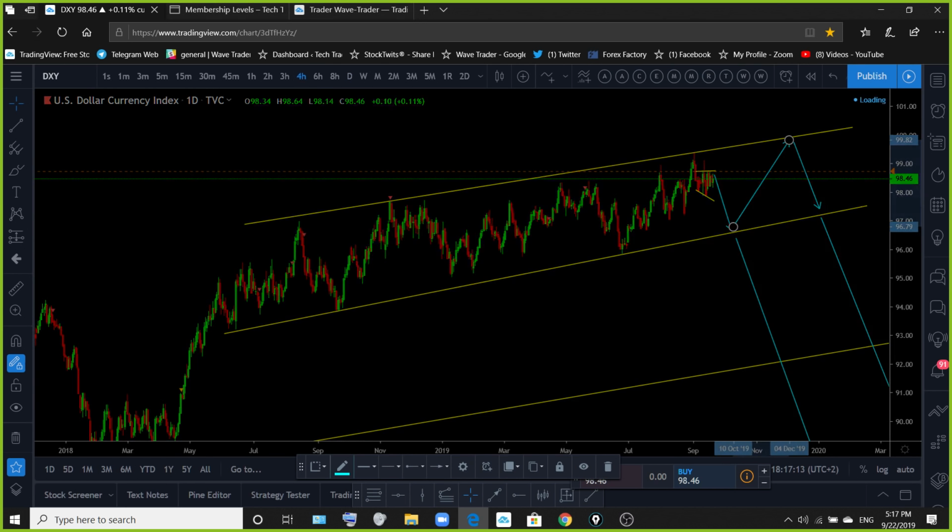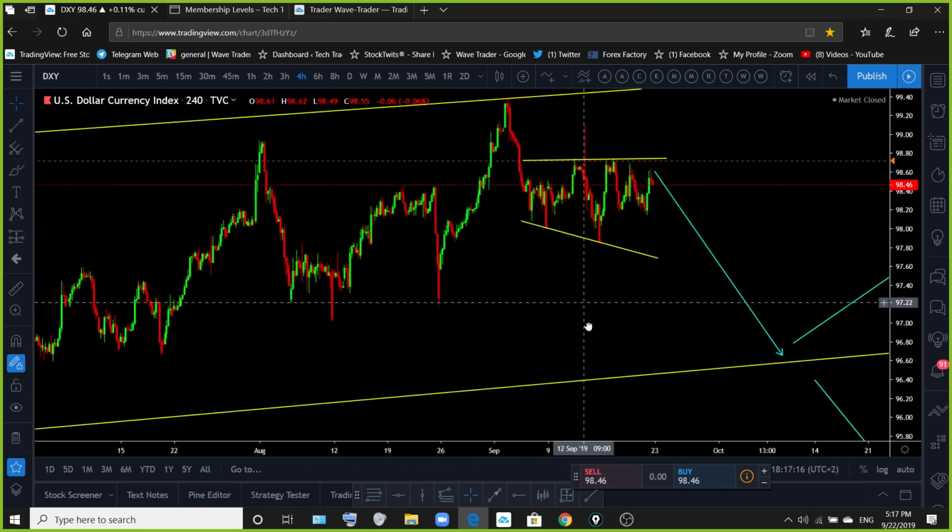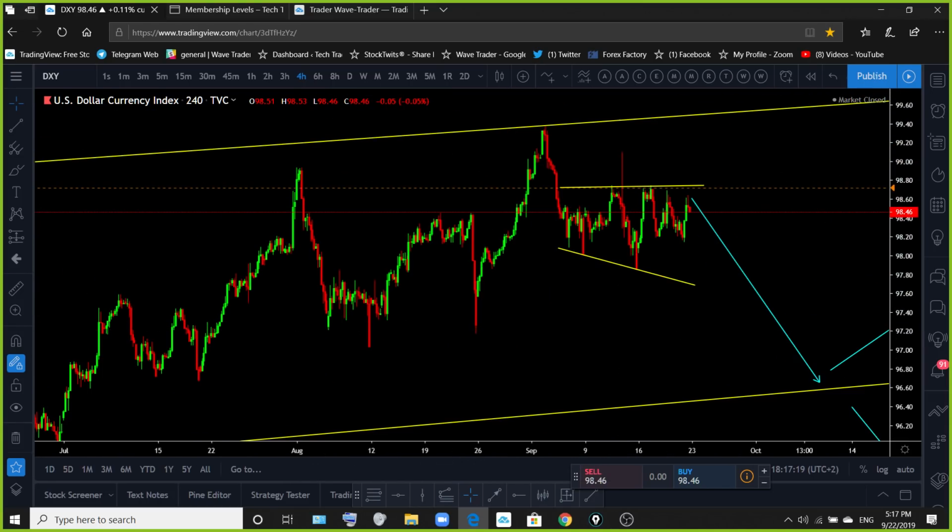On the 4-hour time frame, you have the same structure and pattern formation. When you go for a short on the DXY or a long on the euro dollar, keep in mind that price is at the top. It can still change that pattern formation and push price back to that top. It can form a higher high.